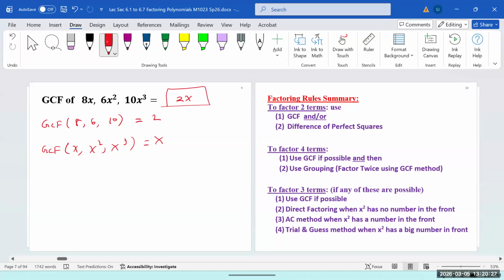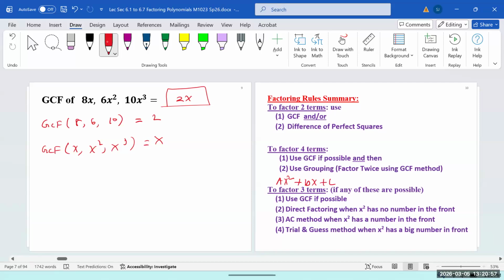And then we have 3 terms, the biggest portion of chapter 6. For 3 terms, there are 4 choices we have. Either you can factor out a GCF from all 3 terms, or since we are working with 3 terms, our main goal is to work with quadratic ax squared plus bx plus c.